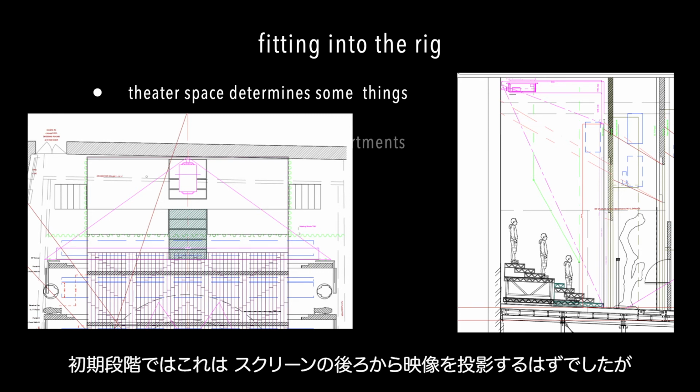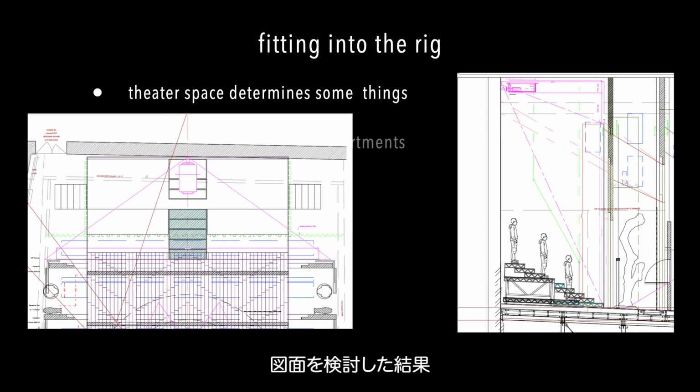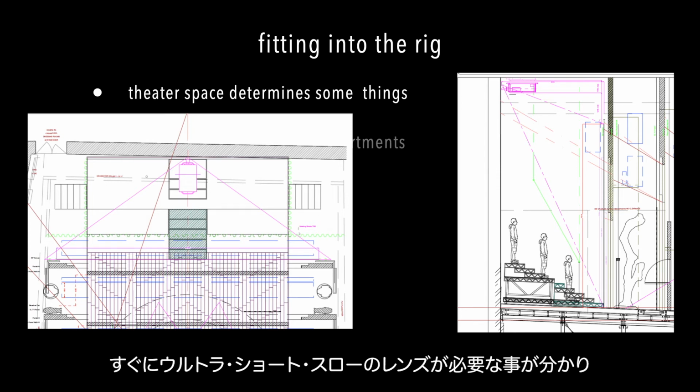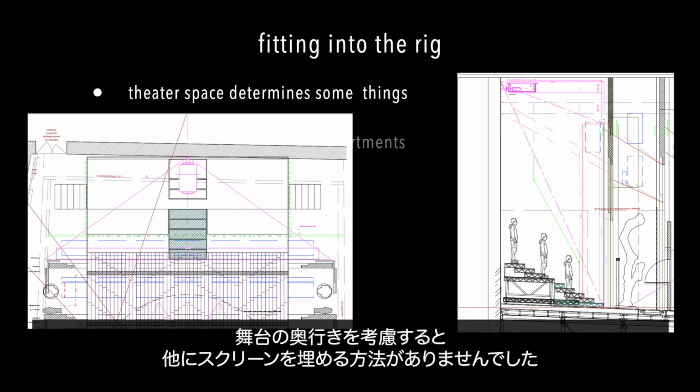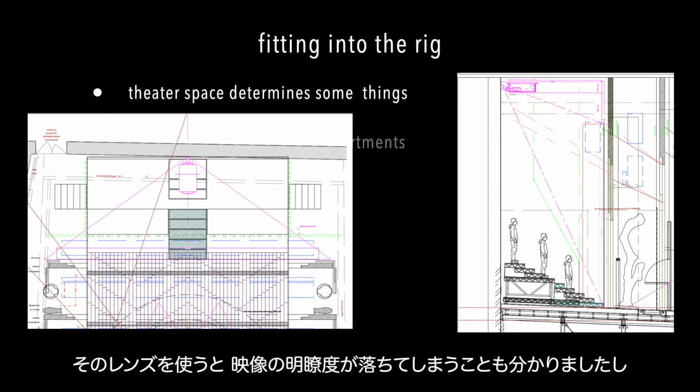Originally we had planned to do it with one rear projector. And it became clear very quickly that because of the space, we were going to need an ultra short throw lens. And it was really the only choice that would allow us to fill that screen given the parameters of the space. But we also realized that we wouldn't be getting very much punch out of that lens, and the versatility that we would need was very limited.